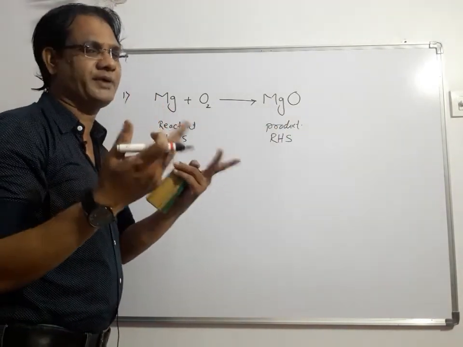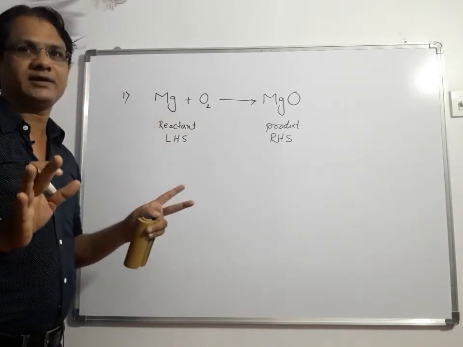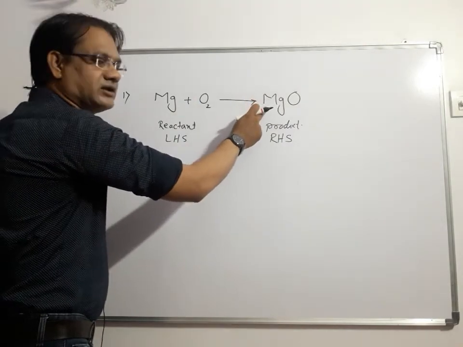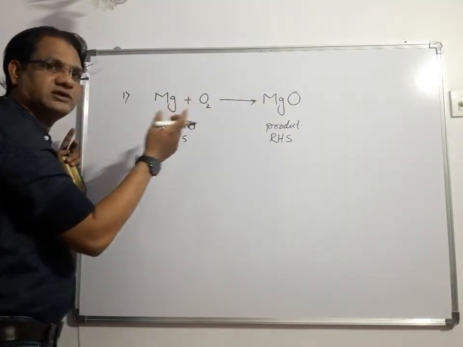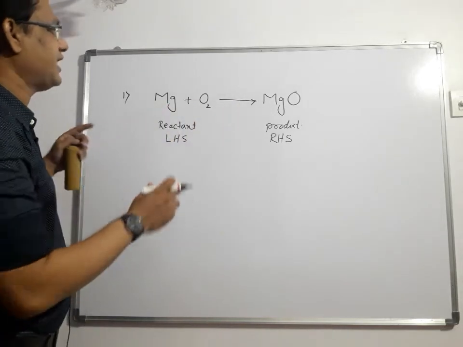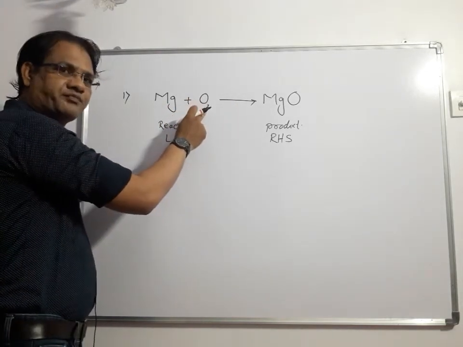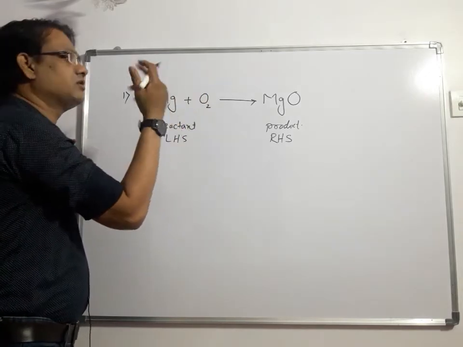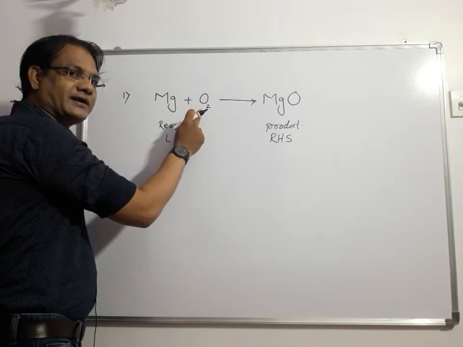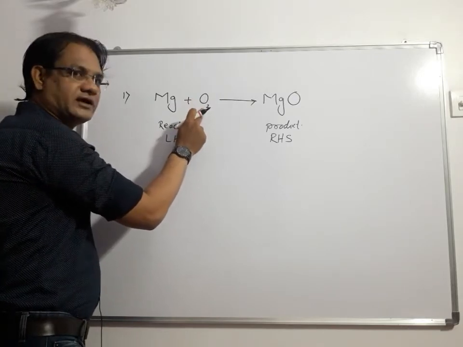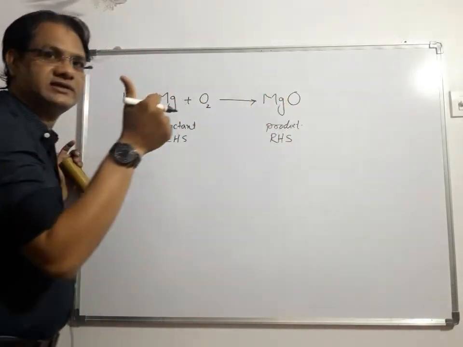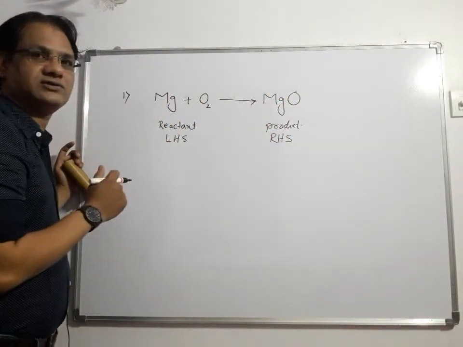So we can pick any of the compounds, magnesium oxide or oxygen. It is up to us. Here suppose I pick this oxygen, because it has two oxygen atoms. On the reactant side two oxygens are there, and on the product side only one oxygen. So I will first balance this oxygen.